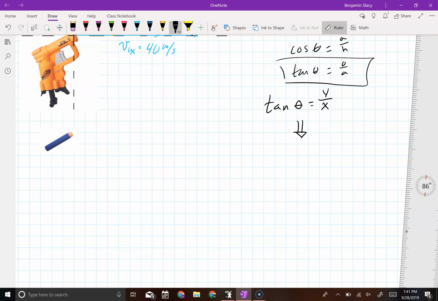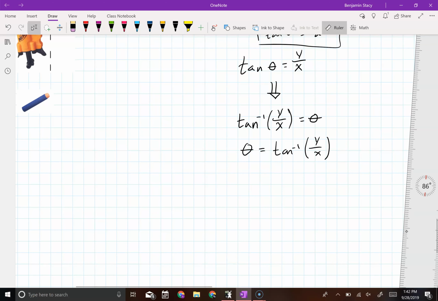So my arctangent function is, same button on your calculator, tangent minus 1 of this relationship, y or opposite over x or adjacent, is equal to the angle. And usually I'll write it, if I'm solving for the angle, the other way. The angle I want is arctan y over x. Or inverse tangent, some people call it, but it's not the reciprocal, so just be careful.